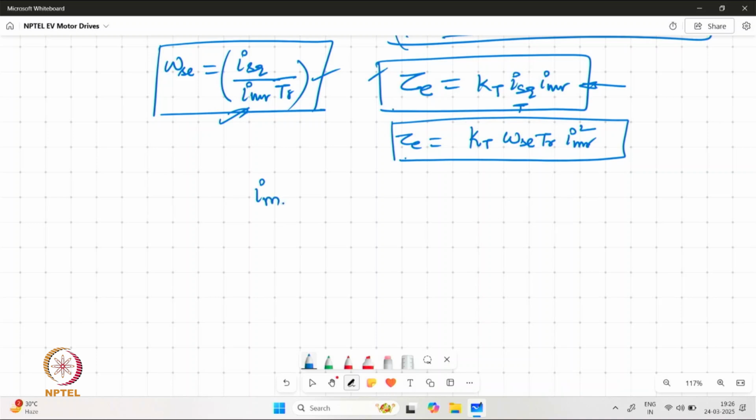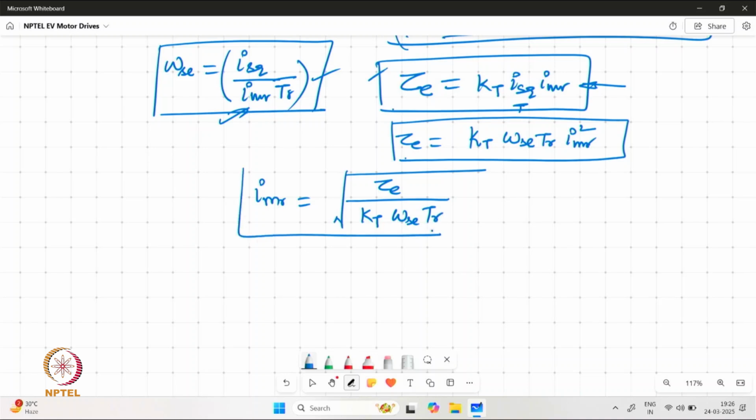And then the rated value of IMR can be given in terms of tau e, KT, omega slip and TR. So once we have this value, we understand how much reference can be set for the IMR, for the rotor flux.